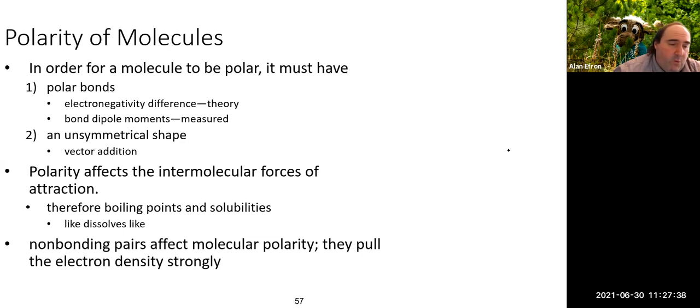So let's talk about what you have to look at when you have three or more atoms involved. You have to look at really two things. You first have to look at, are there polar bonds?